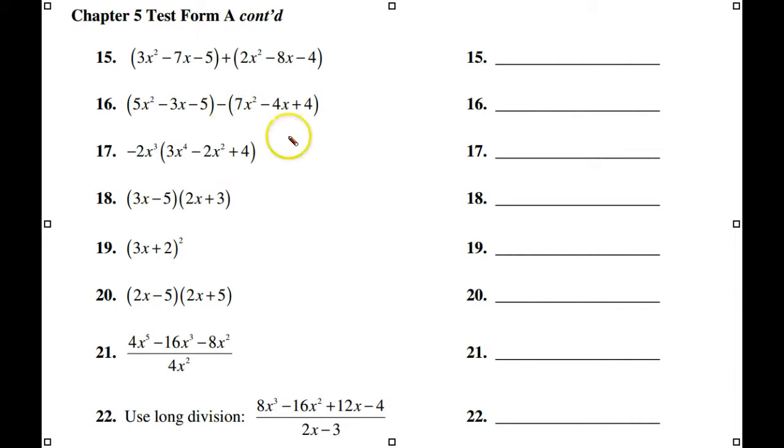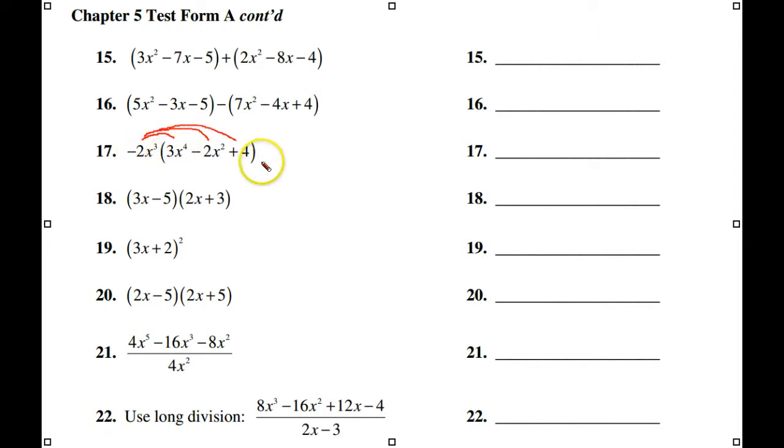Now for number 17, you're going to distribute, through the distributive process, this to each of the items in the parentheses. So again, the first step might be, well, what will your signs be?